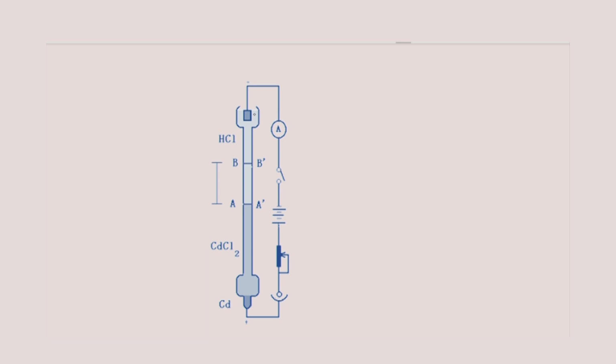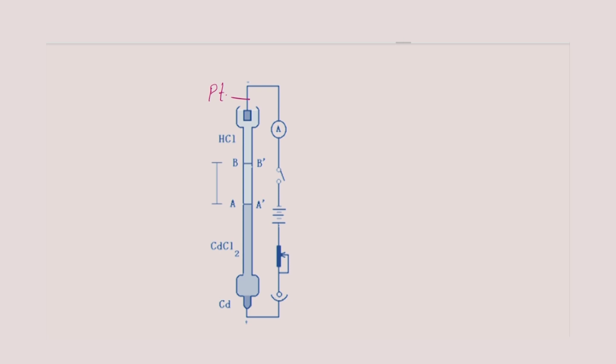Now, the apparatus used is like this. You have a tube which has two wider ends. On one end we have the platinum electrode, on the other end we have the cadmium electrode.